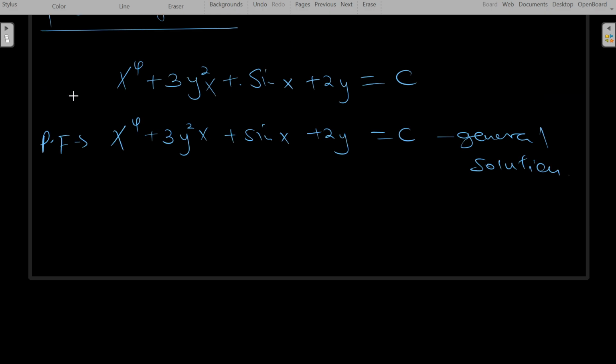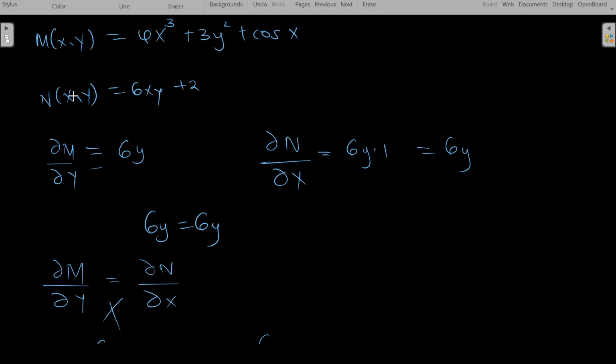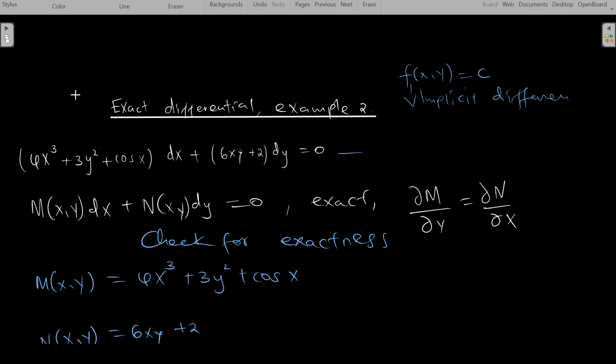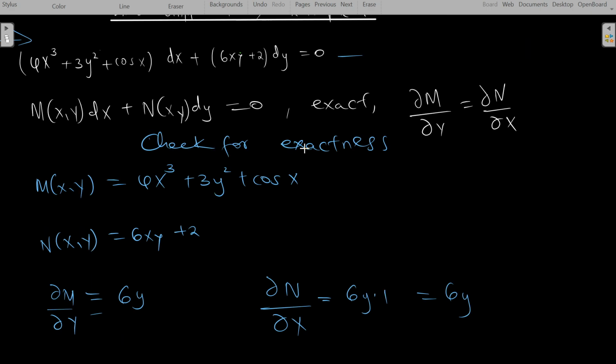The potential function has been differentiated with respect to x and y to get this derivative, so we have already gotten back to our first equation that was differentiated. So this is the core principle for this method, the exact differential.